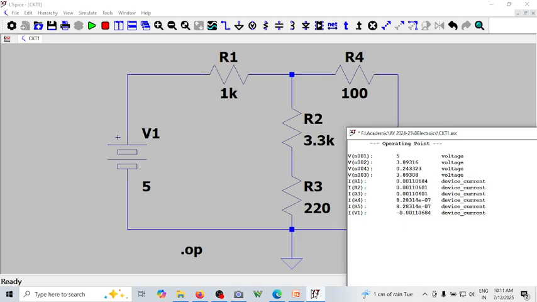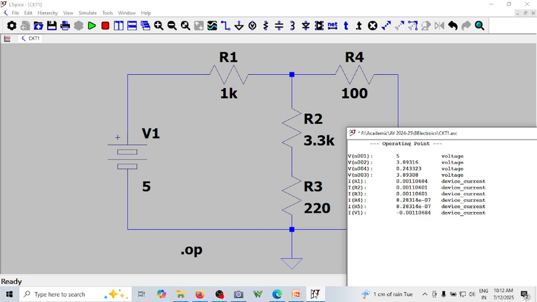I of R2 is 1.10601, and the other current, I of R4, is actually 8.28 e power minus 7. So it actually comes out to be 1.1060608 milliampere.